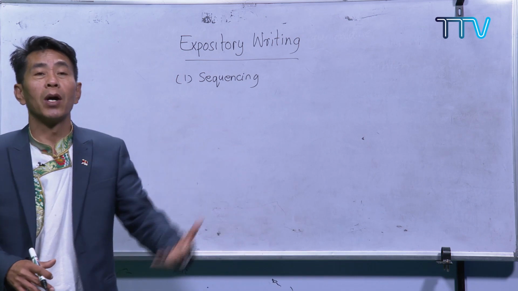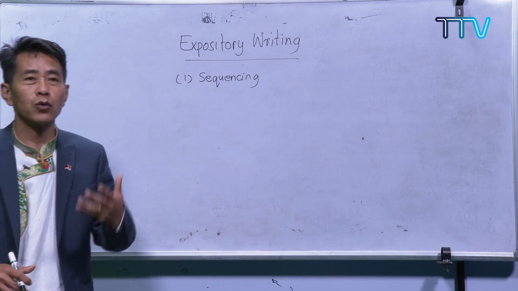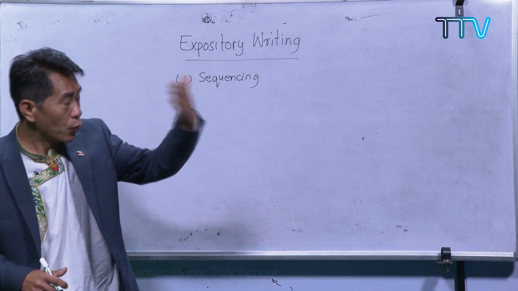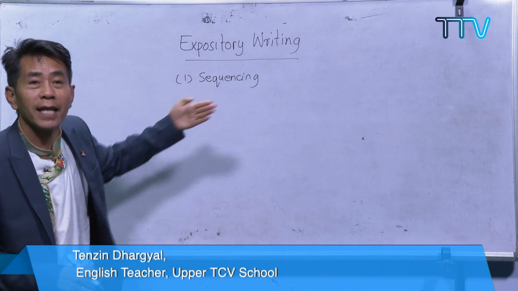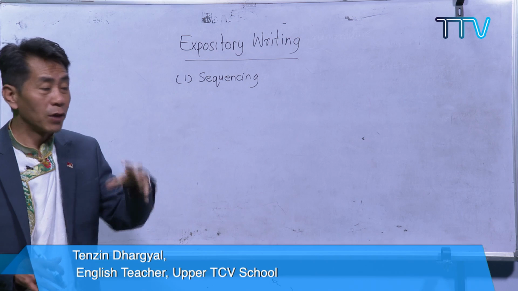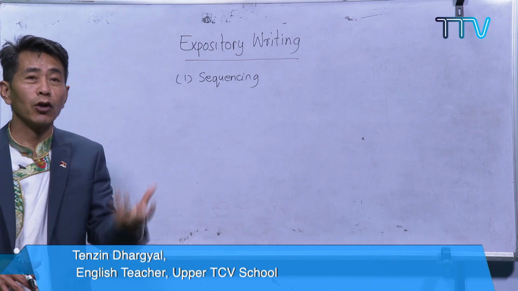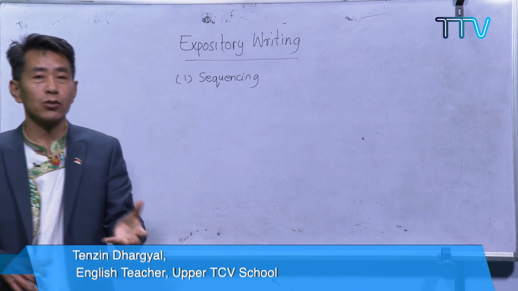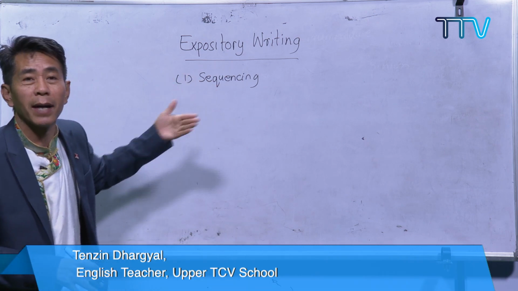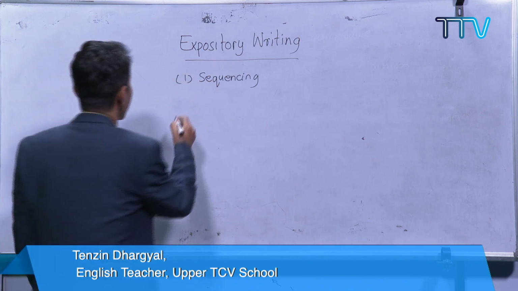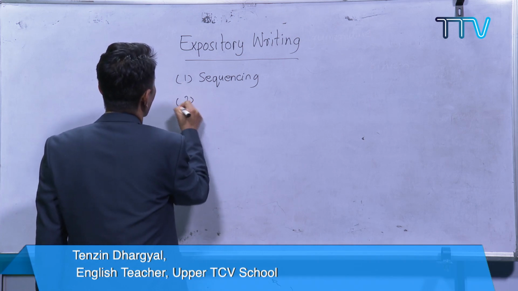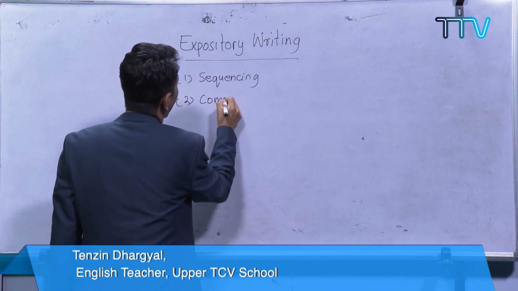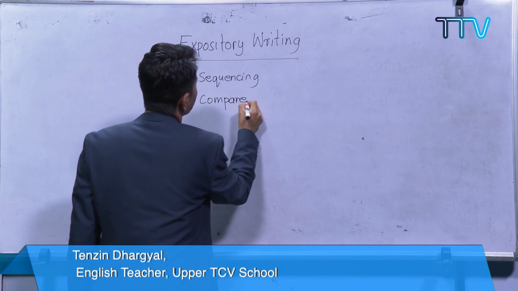Suppose you are talking about one recipe, for example, how to make a pancake. You have to write everything in sequence order. If the order is mixed, then you will not get a pancake. You may get some other things. So it's important for you to keep in mind this sequencing. And then we talk about compare and contrast.